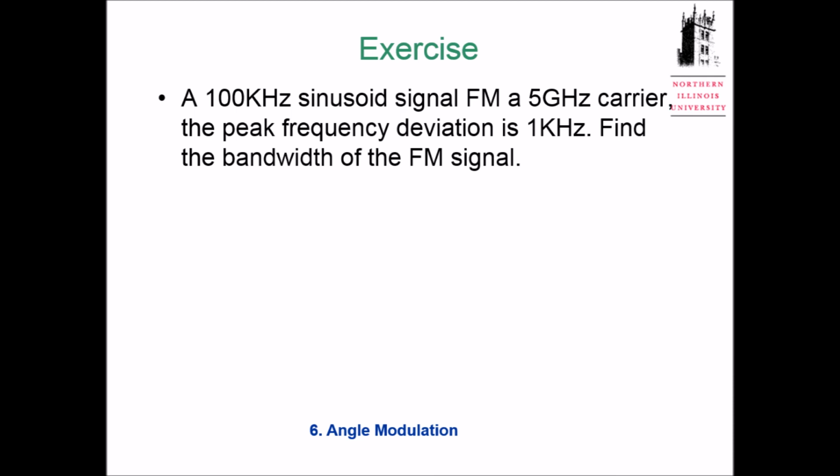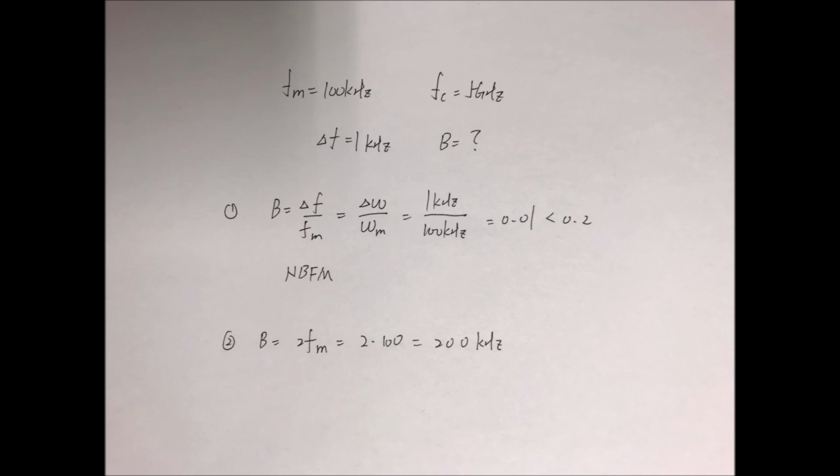Compared with wideband FM later, this is kind of narrow, close to AM bandwidth. And beta is delta omega over omega m. We call it the modulation index.